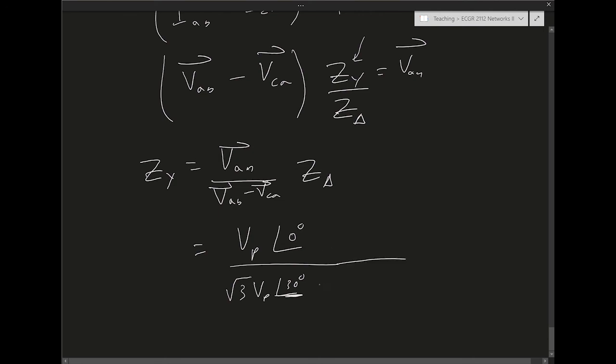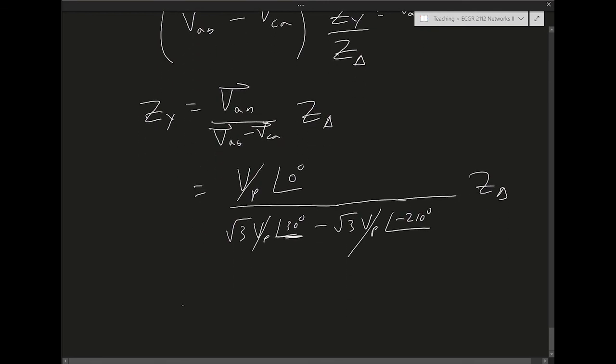And VCA is square root of 3 VP at minus 210 degrees. VP cancels, and we end up with 1 over square root of 3 times the quantity at 30 degrees minus the one at minus 210 degrees, times Z delta.